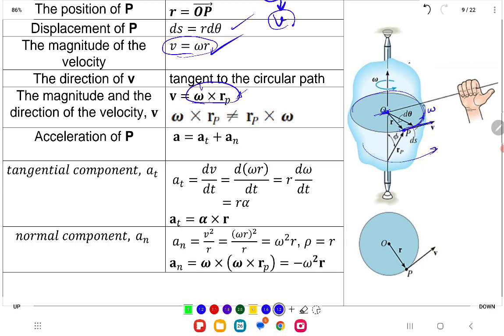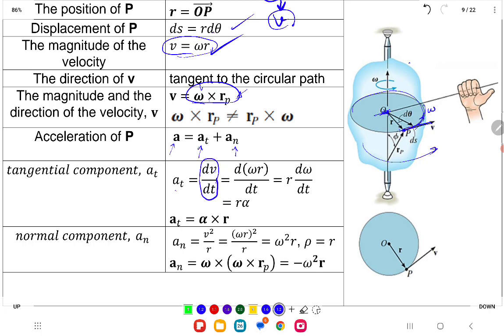Now let's go for the acceleration. The acceleration of particle B consists of two components. The first component is the tangential component and the second is the normal component. How to find the tangential component, as we did in other applications in previous chapters: by finding the rate of change of the velocity with respect to time, dv by dt.